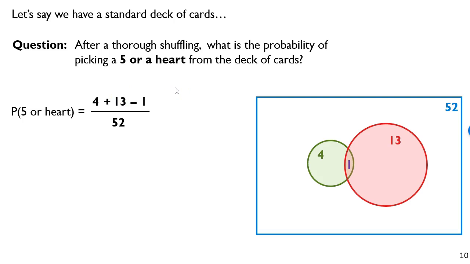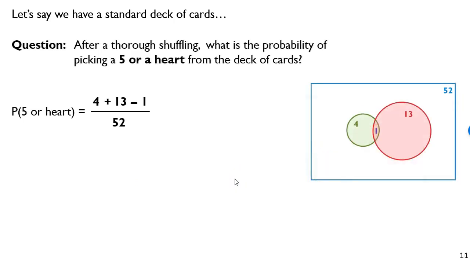You always have to subtract the number of values you double counted. In this case, there's only one card that we double counted, which is the 5 of hearts. Okay, so if we work this out, we get 16 over 52, which reduces to 4 over 13, which is approximately 0.31. Okay, so we can generalize this idea.